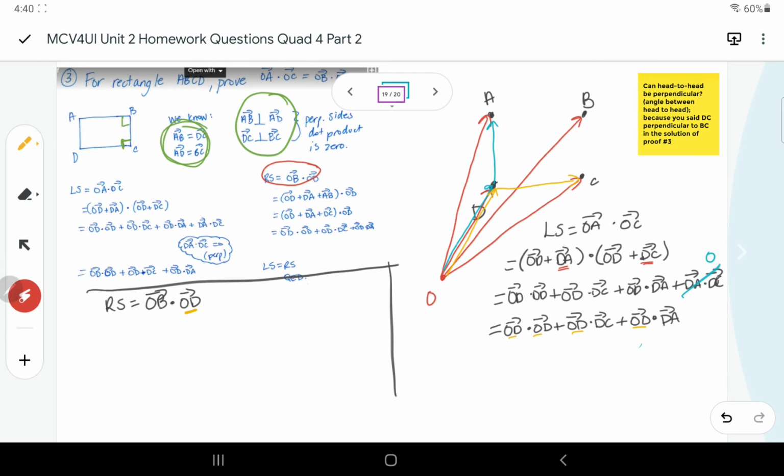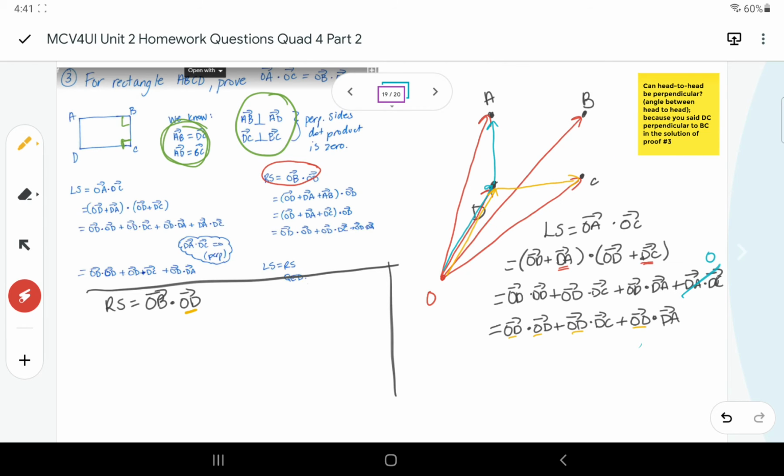Now I don't really like having this vector here going from the origin to point B, because everything else I've got is in terms of OD and then DC and DA. So this OB is going off into nowhere, not connected to the stuff I have on the other side that I've already worked on.